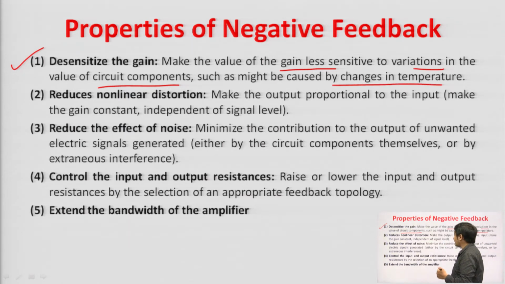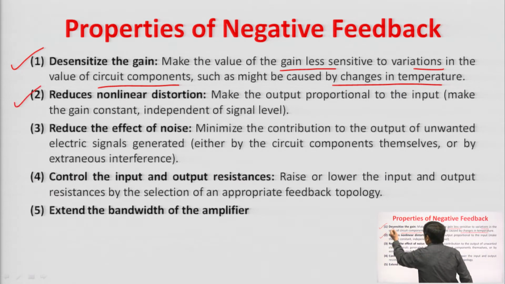If there is a slight change in temperature or in circuit components, we want our voltage gain of the amplifier to be insensitive to that change. That we desire, and it can be achieved with the help of negative feedback.